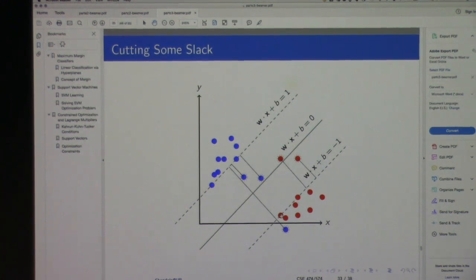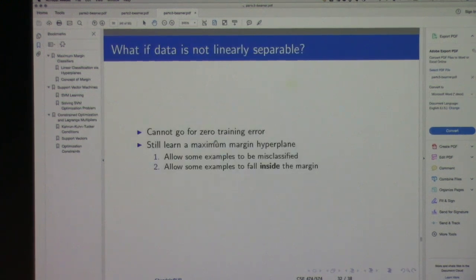Why are they called support vectors? Because if you solve the optimization problem that we looked at earlier, the Lagrangian multipliers for only these points will be non-zero.